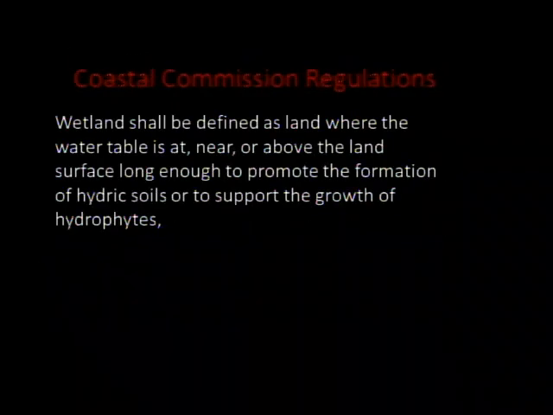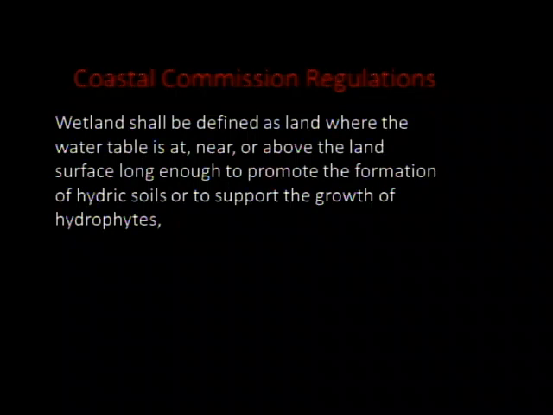Now, having stated that the Coastal Commission and some other agencies have a one-parameter definition of a wetland, I'm going to go through the specific language of that one-parameter wetland definition as described in the Coastal Commission regulations, where we see that these parameters are not all given equal weight. The statute states, wetlands shall be defined as land where the water table is at, near, or above the land surface long enough to promote the formation of hydric soils or to support the growth of hydrophytes.